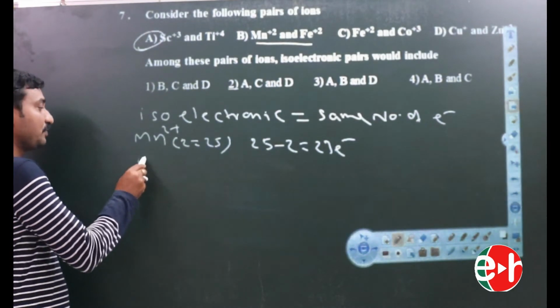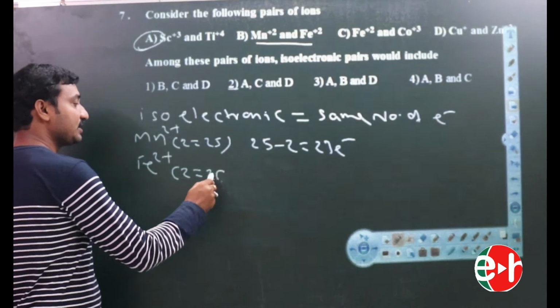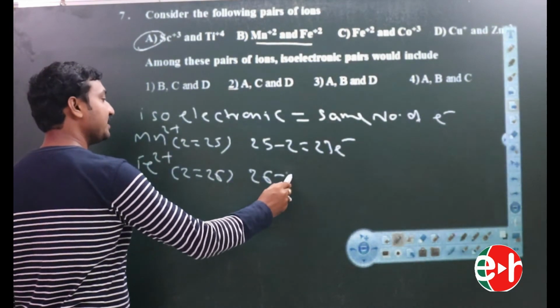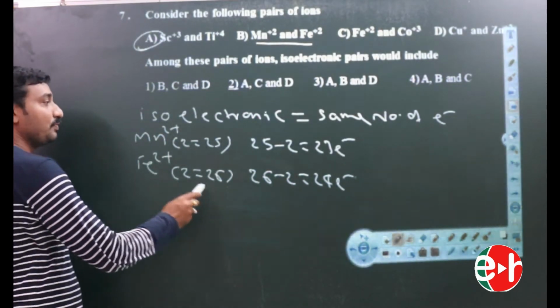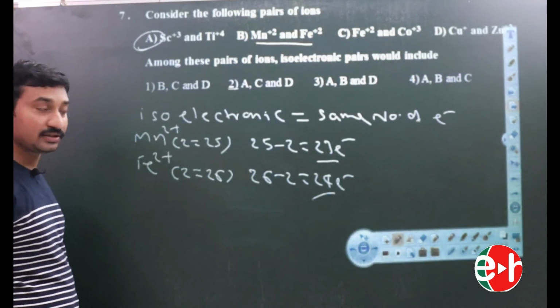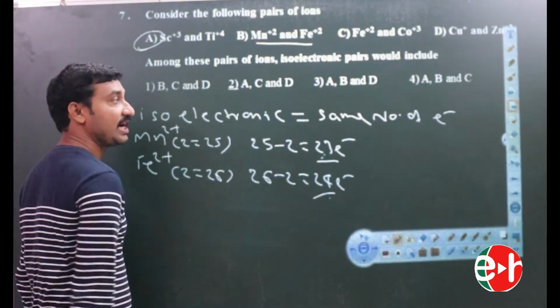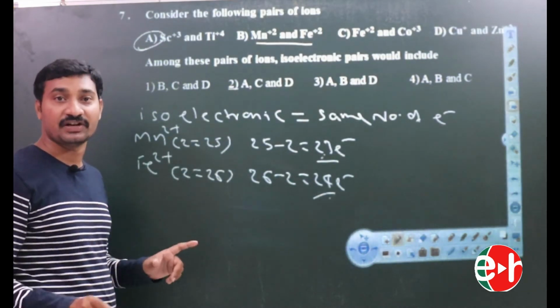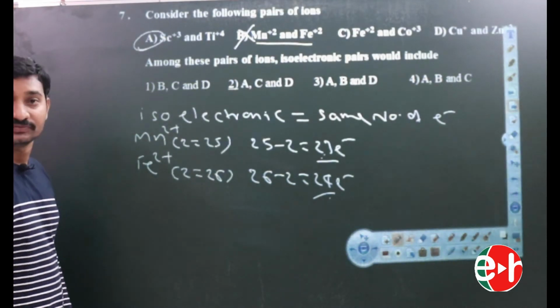Iron atomic number 26, now 26 minus 2 is 24 electrons. So Mn2 plus has 23 electrons and Fe2 plus has 24 electrons. They are not isoelectronic because of different numbers of electrons. Isoelectronic must have the same number of electrons, hence this is not an isoelectronic pair.